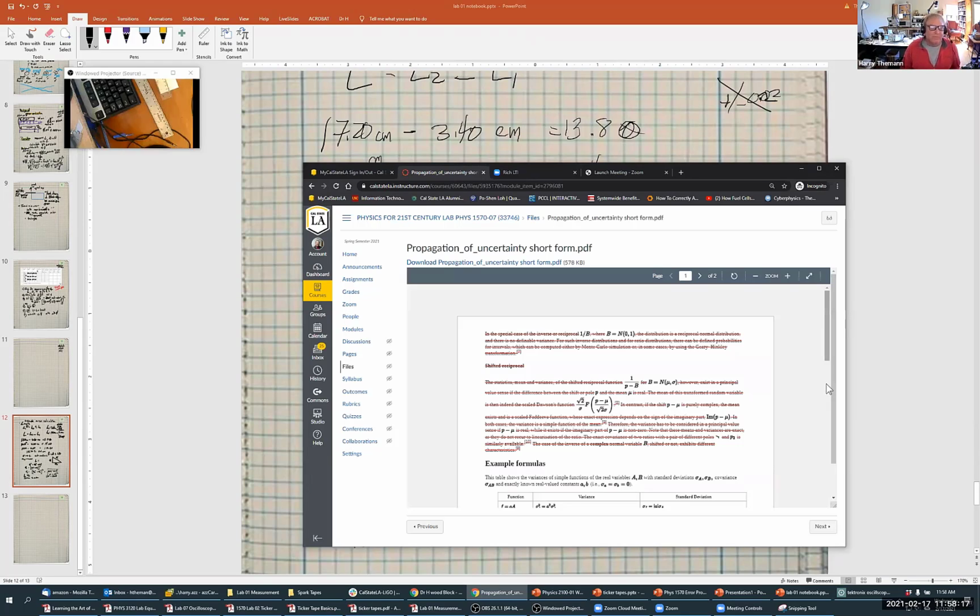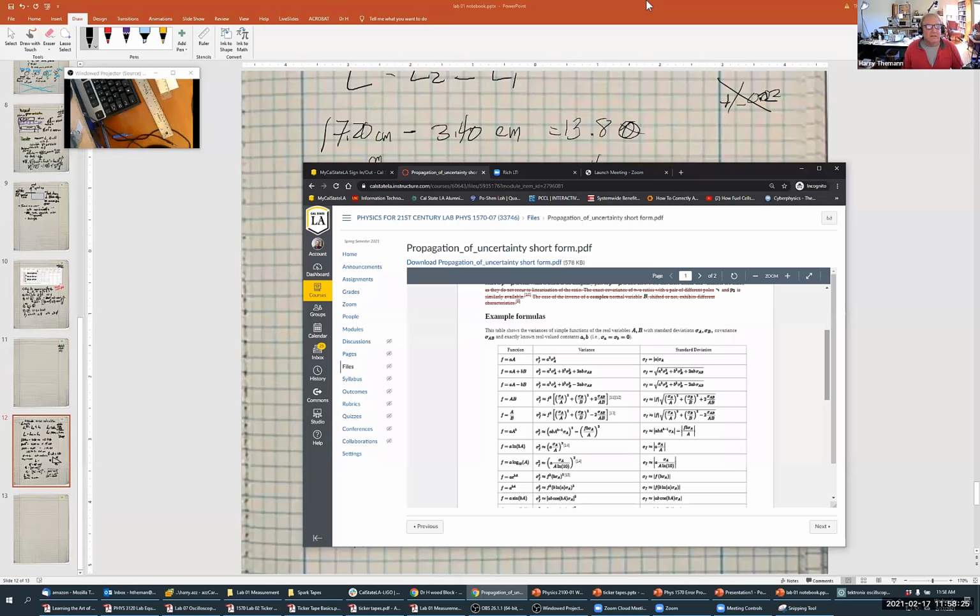And so for Physics 1570, we use, right, so there's the minus, but they're basically the same formula.